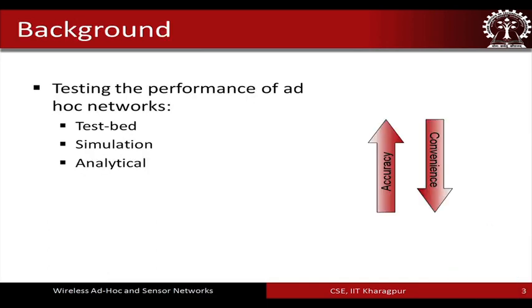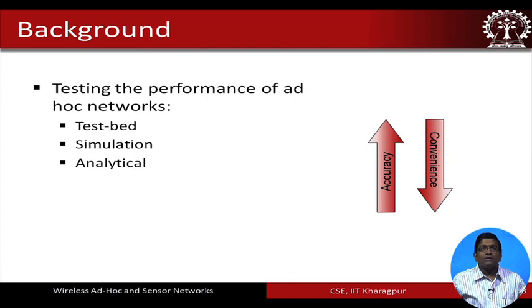In terms of assessing the performance of an ad hoc network, the performance can be analyzed in three different ways: using test beds, using simulations or analytical methods. There is a trade off between which method is used with respect to accuracy and convenience.